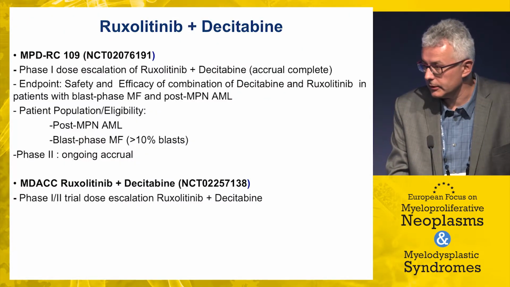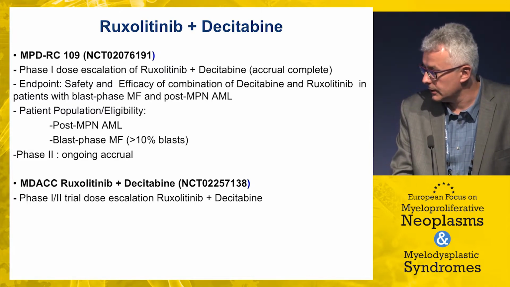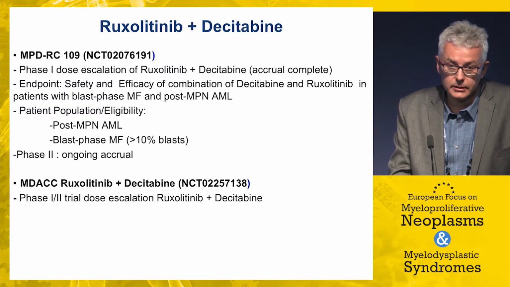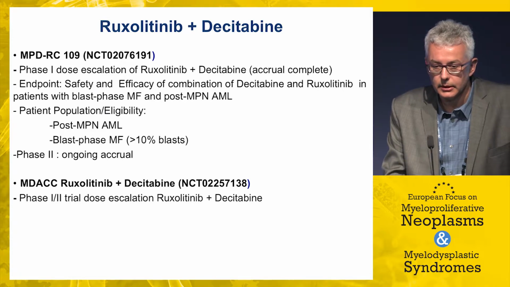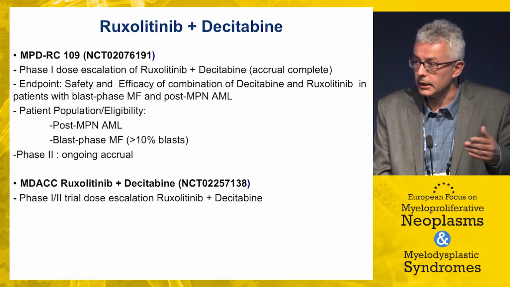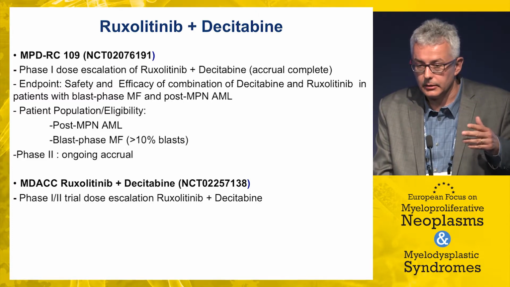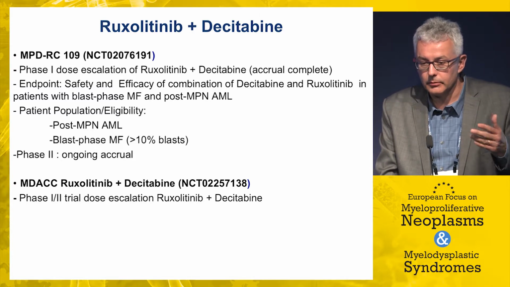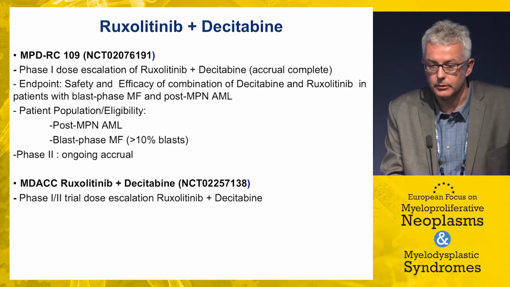There are therefore a number of studies, and I heard that from Claire that there is a study like this in the UK. You just mentioned that in the United States there are 2 studies underway where a combination of ruxolitinib and decitabine is being explored for patients either in accelerated phase, that means 10 to 19% blasts in the peripheral blood or bone marrow samples, or full-fledged acute myeloid leukemia, 20% or more.